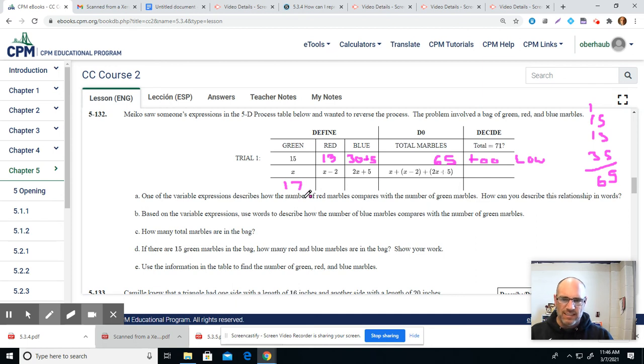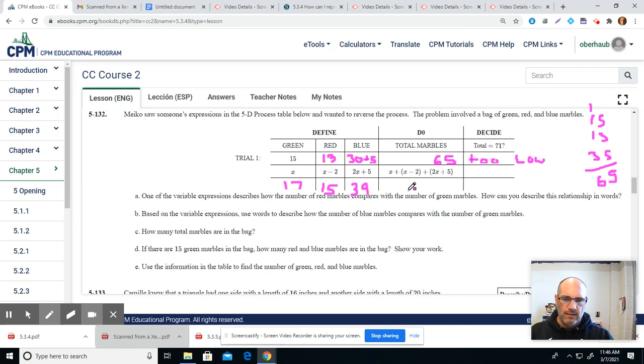If I do 17 green, my red is 2 less, so this would be 15. And for blue, I double the green and add 5. 17 times 2 is 34, plus 5 is 39.